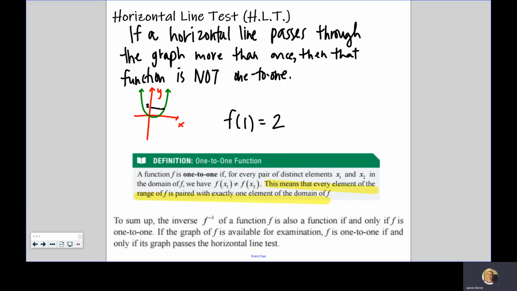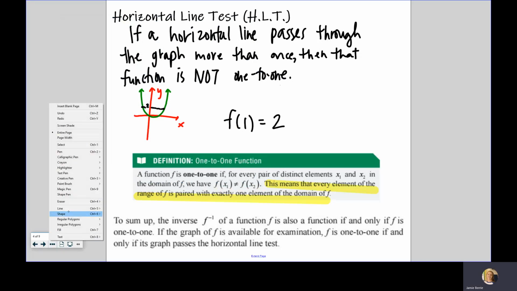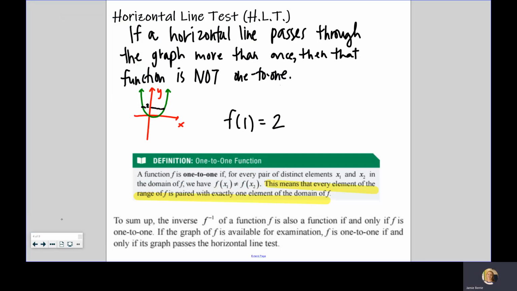But notice that if we plug in this number over here, maybe it's -1, I don't know, we just made up this graph, it's going to give you that exact same y value. So we don't want to get the same y value for 2 x values. Hopefully that makes sense what that definition means. We do not want to get the same y value by plugging in 2 different x values.